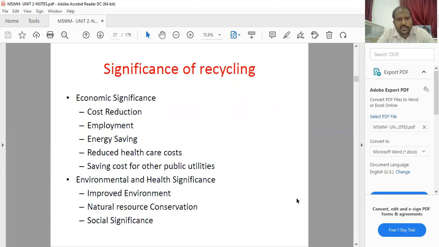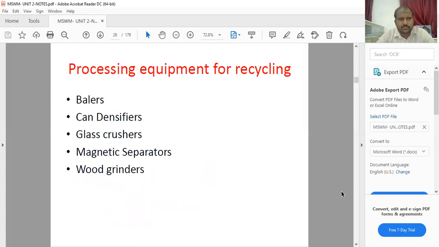First one is economic significance: cost reduction, employment, energy saving, reduced healthcare cost, saving cost for other public utilities. Next point is environmental and health significance: improved environment, natural resource conservation, and social significance.